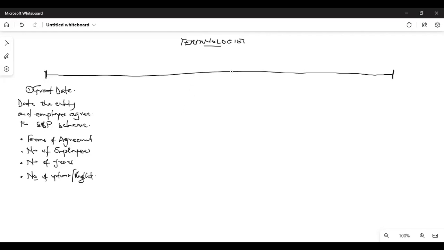Then we have what we call the vesting date. What is the vesting date? The vesting date is the date the employee, who is the counterparty to the contract, becomes entitled. The key word here is entitled.